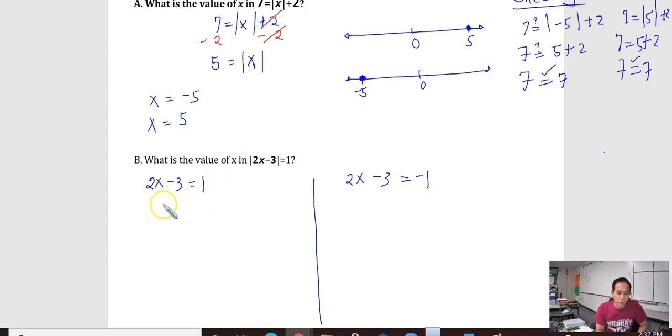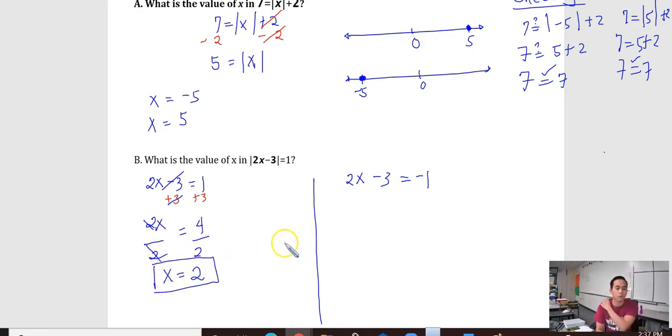So we add 3 to both sides. This will give me 2x, of course the 3s will cancel out, is equal now to 4. And then I'm going to divide both sides by 2. Thus, your x is now equal to 2.